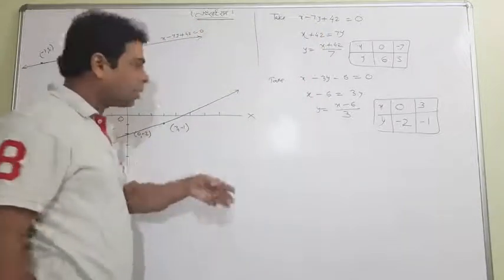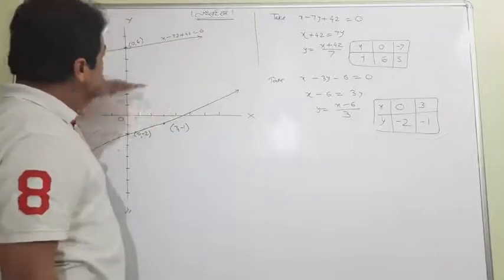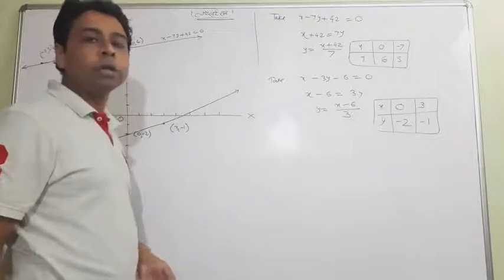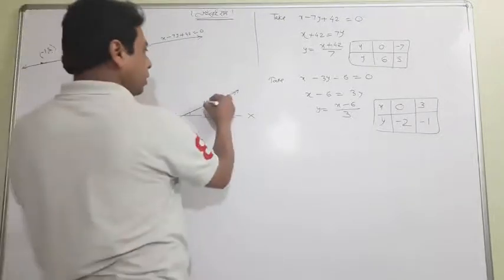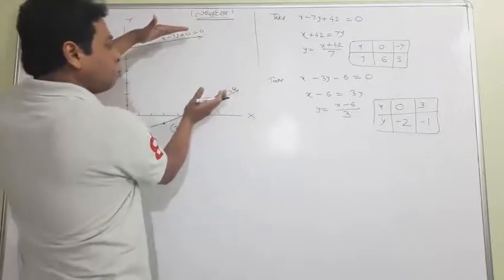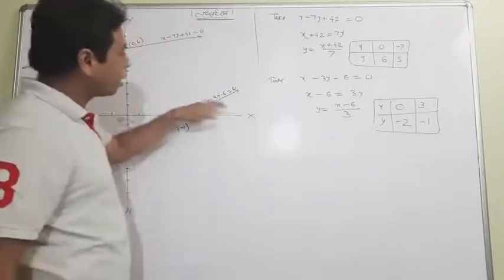Or in the third case, both lines coincide. Meaning, when you draw the graph, suppose it comes on the same line, that time the two graphs will coincide. So three conditions may be there. This line is x minus 3y minus 6. When you draw the graph of two lines, three conditions may be followed. First, the two lines are parallel.